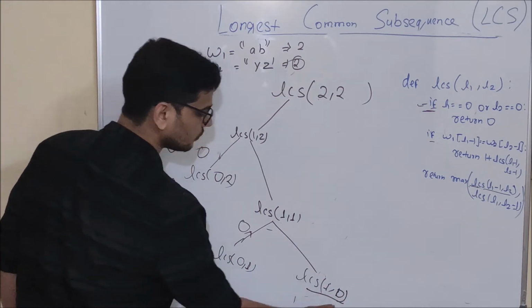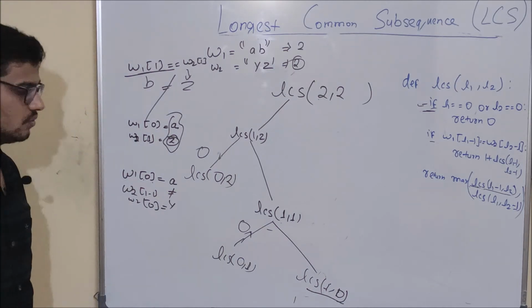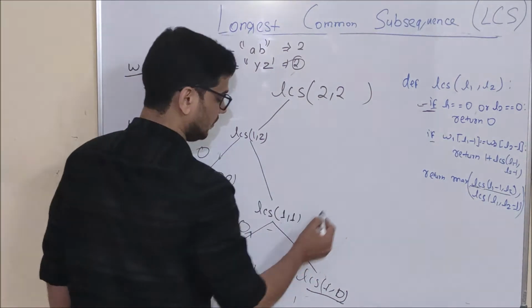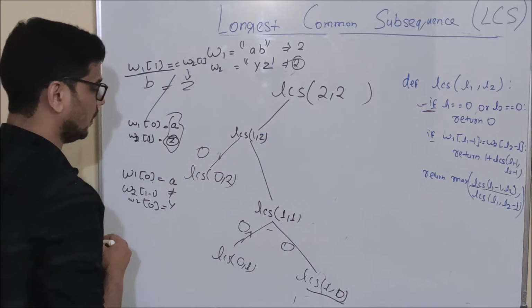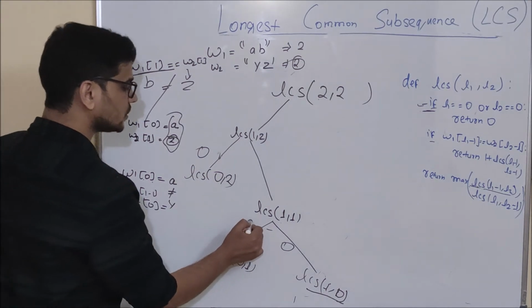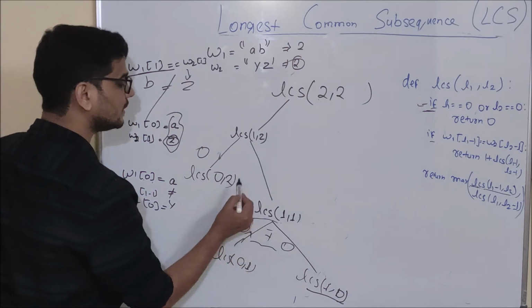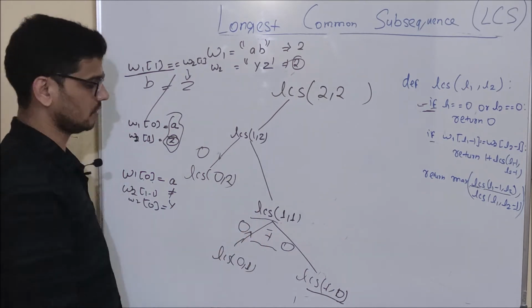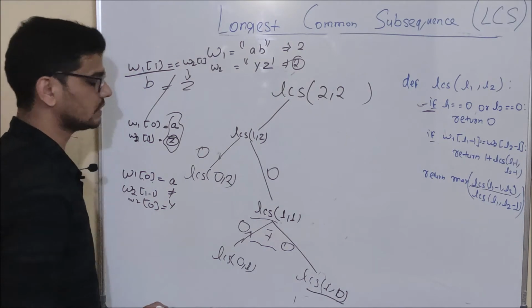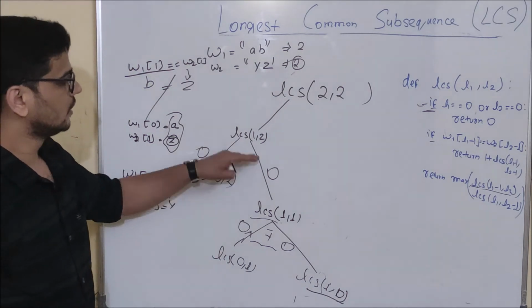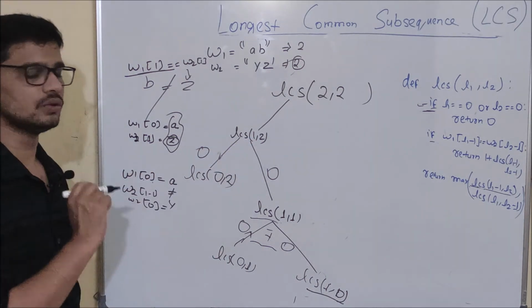So when LCS of 1 comma 1 goes for its own execution, this condition will be true and it will return 0 from here. Then LCS of 1 comma 1 has got both the answers and it is going to return the maximum. And what is the maximum here? 0 only. So LCS of 1 comma 1 will return 0 to LCS of 1 comma 2, friends.